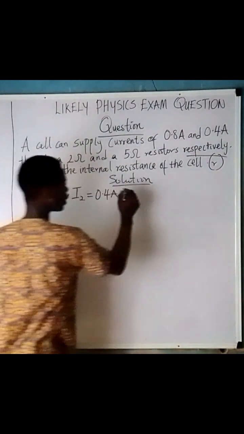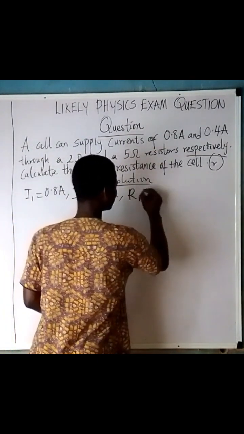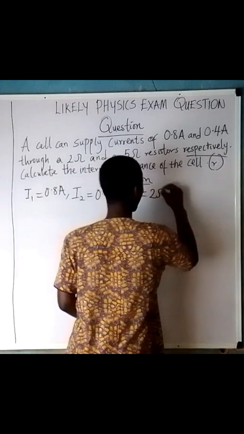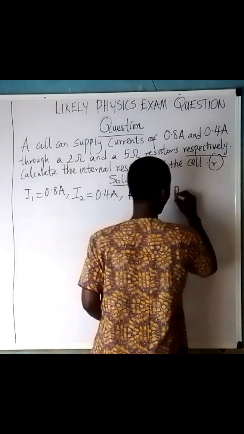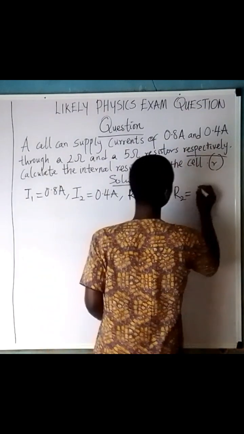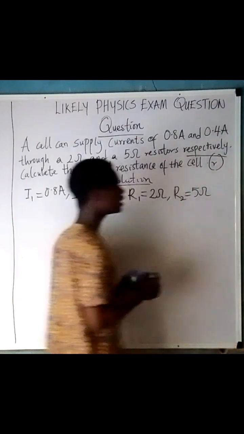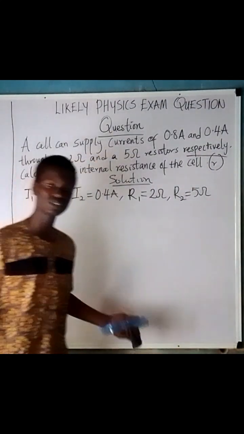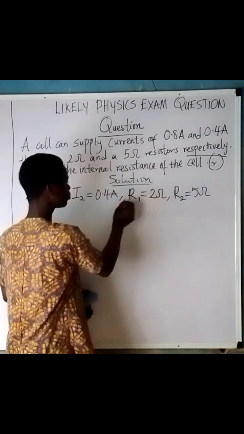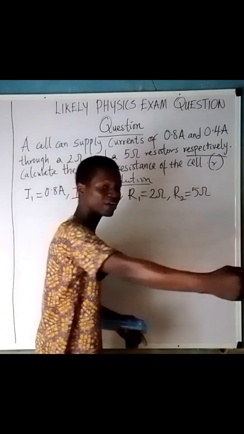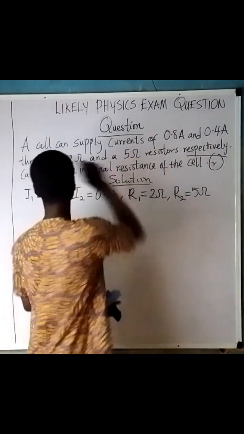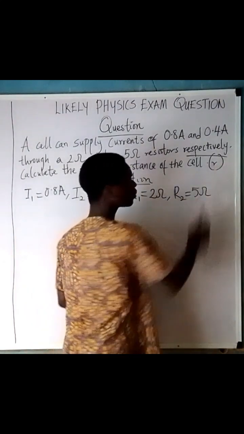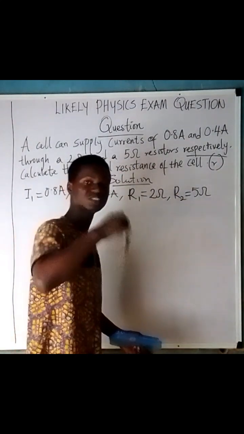So which is our capital R1? It is 2 ohm. And which is our capital R2? It is 5 ohm. Now why are they in capital letter and this one is in small letter? Are they not all resistance? Now this capital R are the external resistors that are connected to the cell, while this small r is the internal resistance of the cell itself.